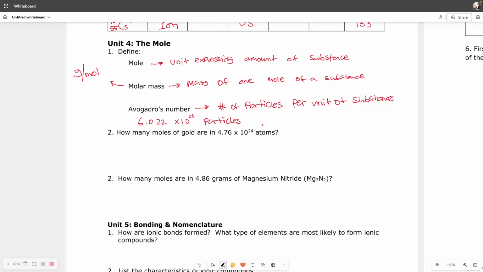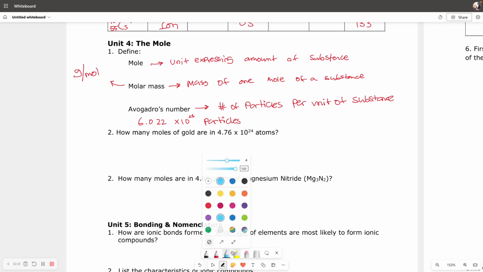All right. So how many moles of gold are in 4.76 times 10 to the 24th atoms? Well, let's go ahead and define atoms first. The Avogadro's number constant can be expressed in various different ways, which I don't know why they did that, but it is what it is.